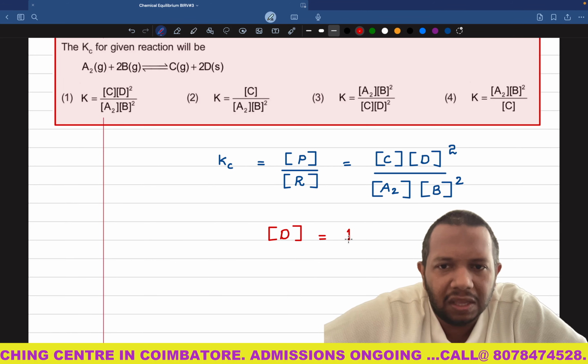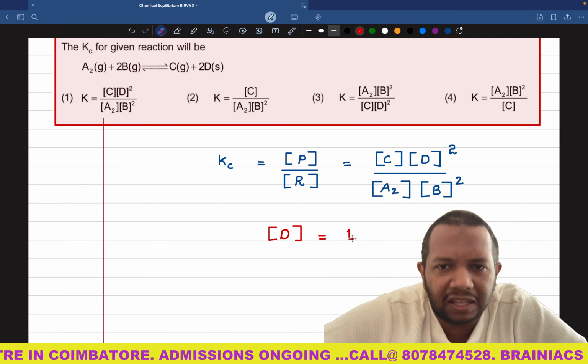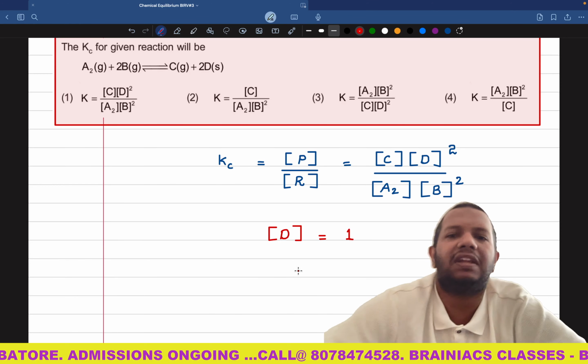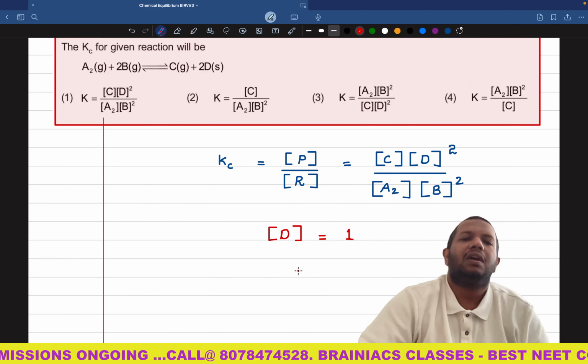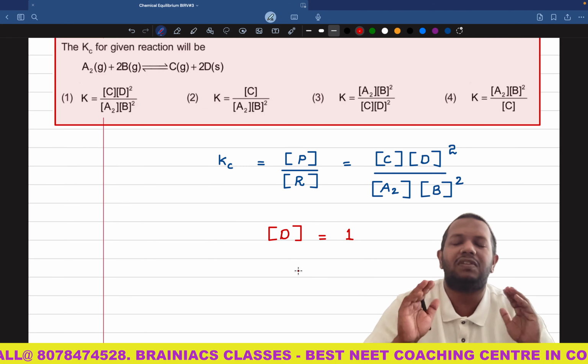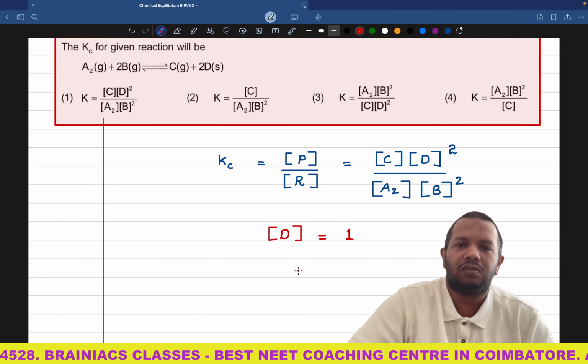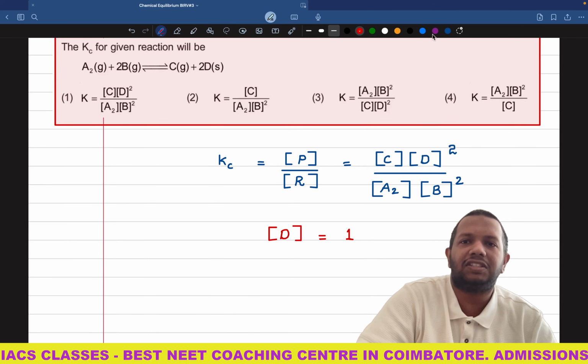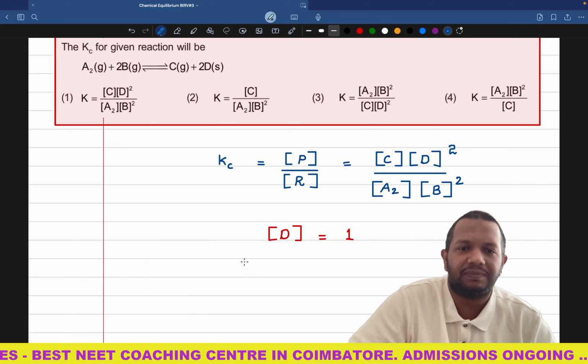Very important: if solids or pure liquids are there, their concentration needs to be taken as unity. Why is it like that? Because their density will not vary, their density will not change. So it's unity. What would be the new Kc, sir?